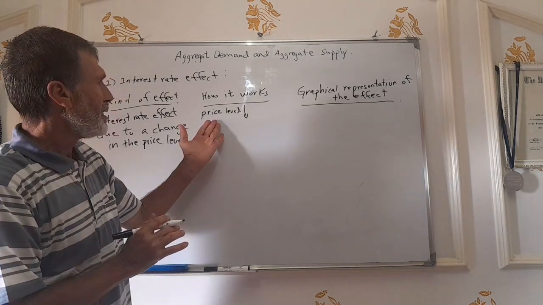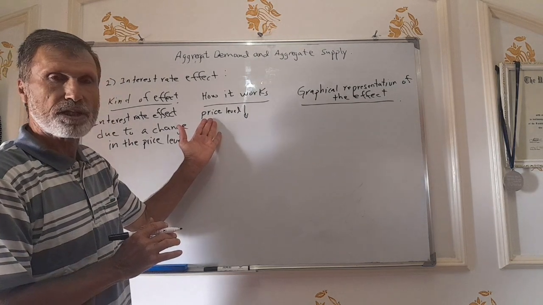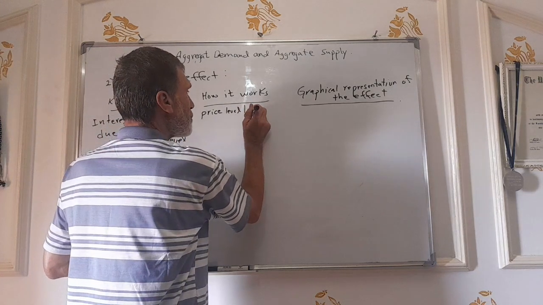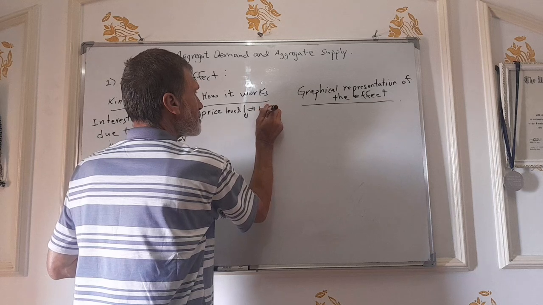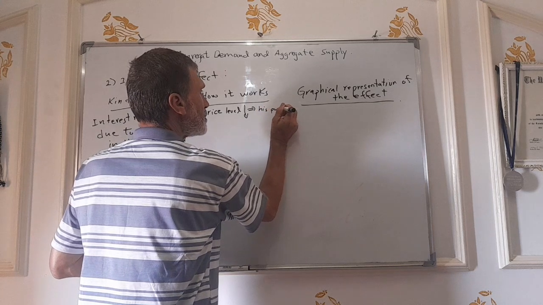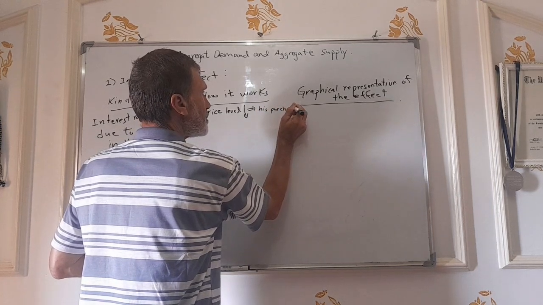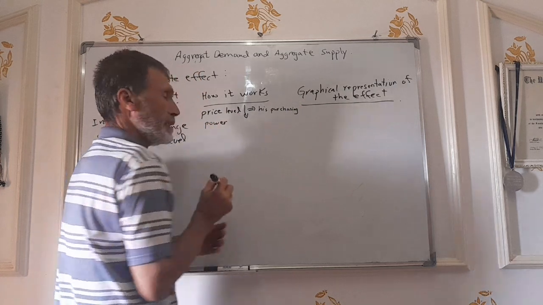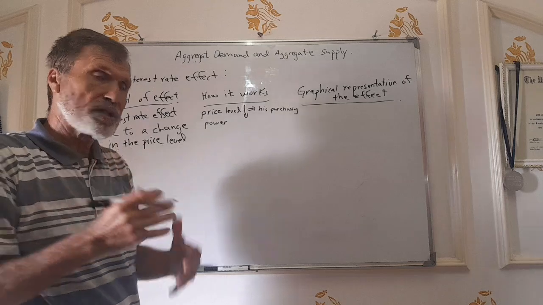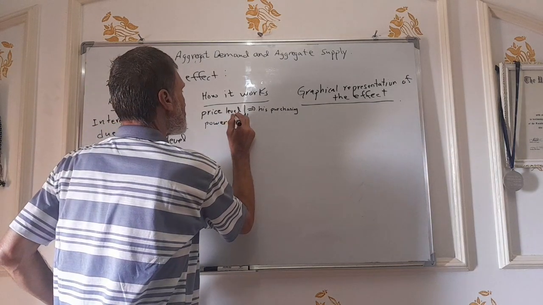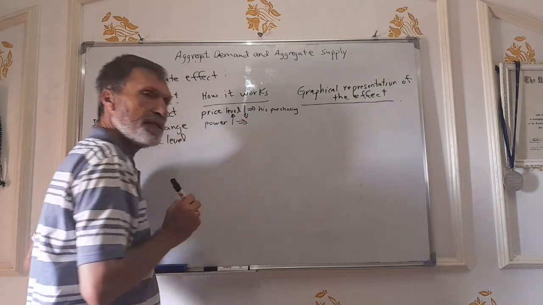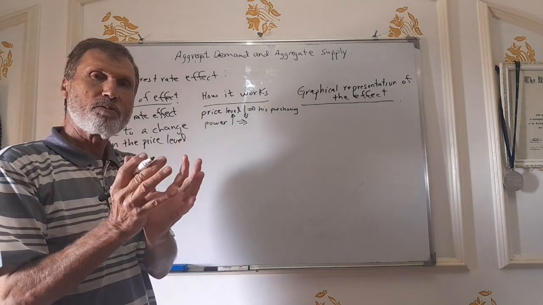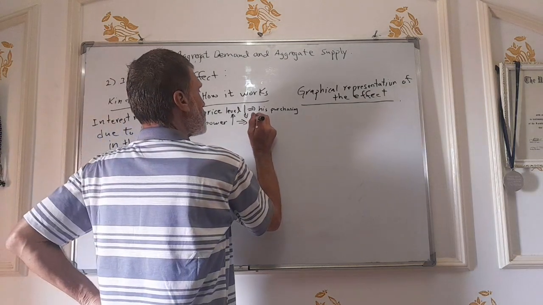So now, the first case I'm going to discuss is that when the price level decreases, that implies, of course, his purchasing power, that is the purchasing power of his money, will increase, which implies he is able to purchase the bundle with less money.